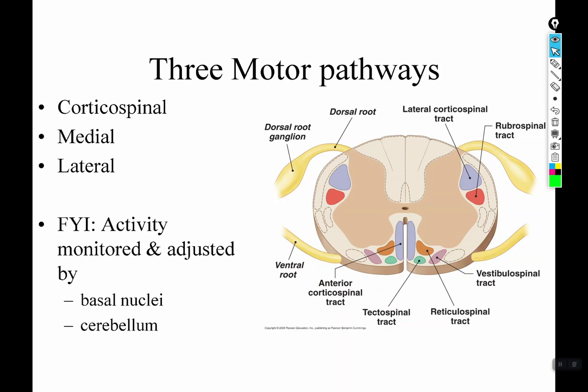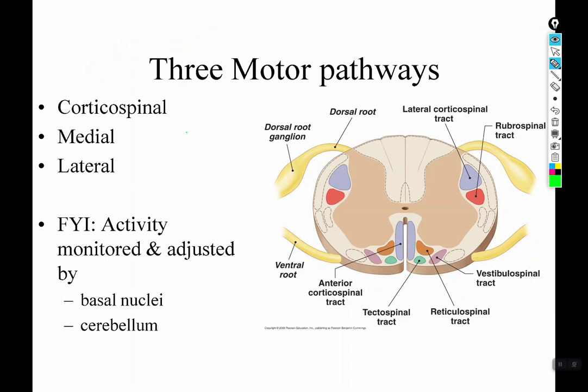So corticospinal is going to be cortex, obviously, precentral gyrus, and then spinal cord, right? And then we have medial and lateral, which we'll also talk about. But their names don't include much information, which is dumb.